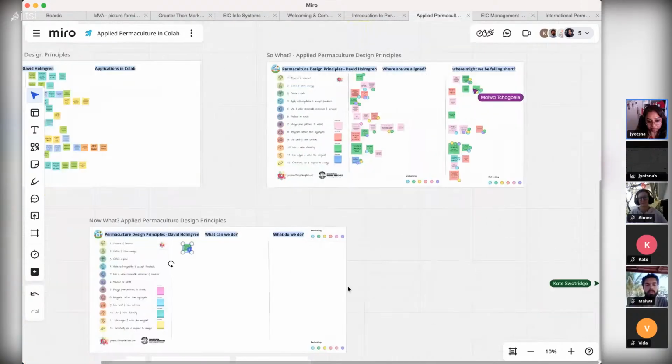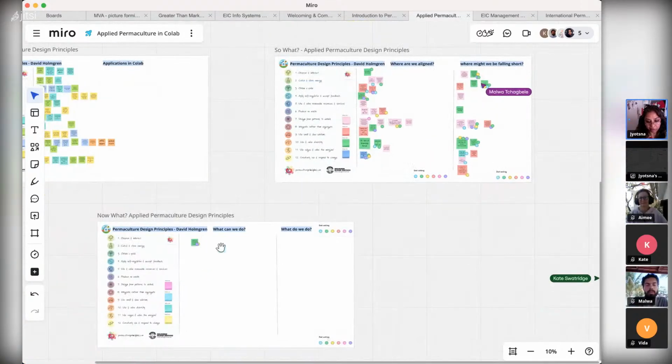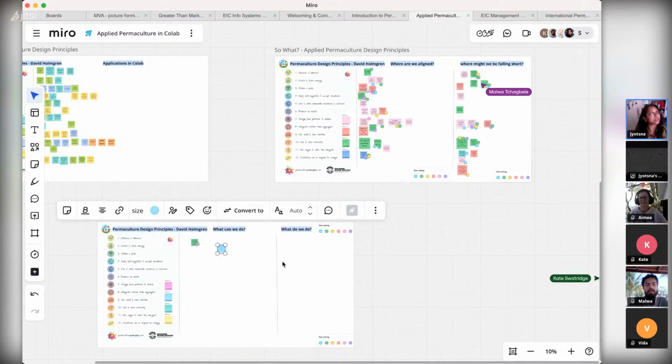Like, people don't want to engage in transparent processes. Well, they play a part.